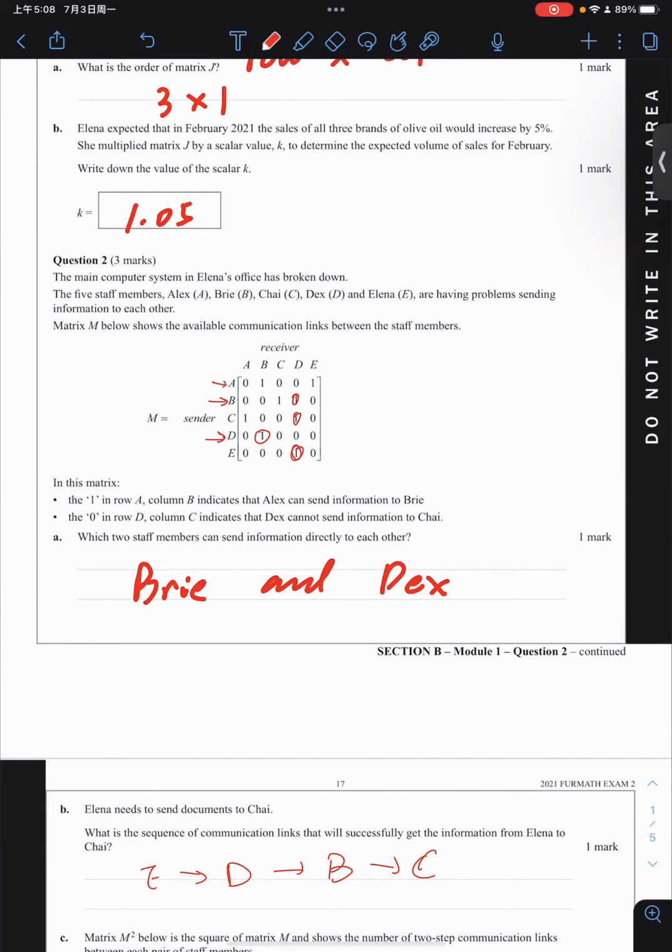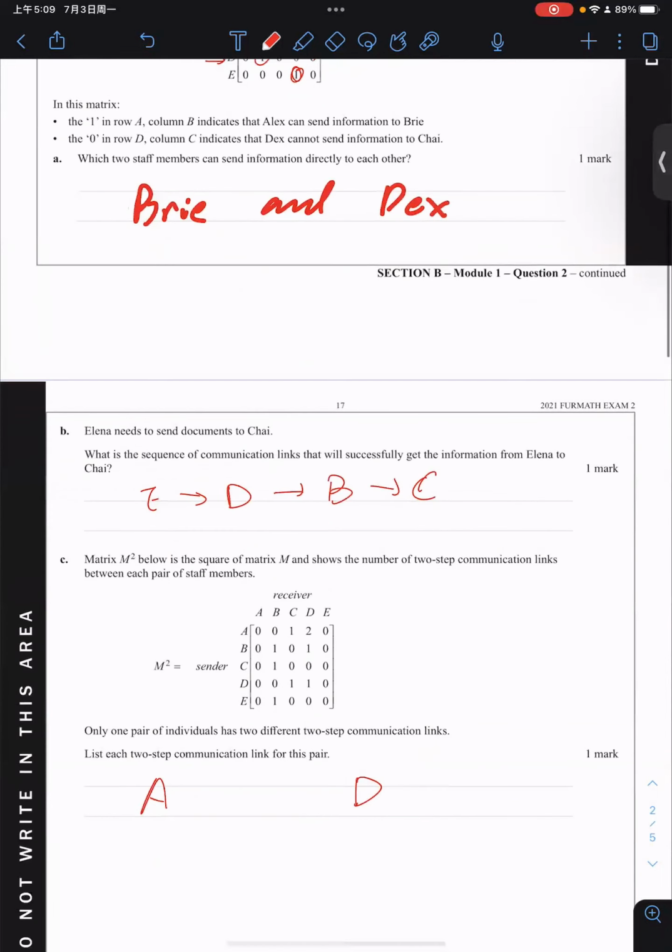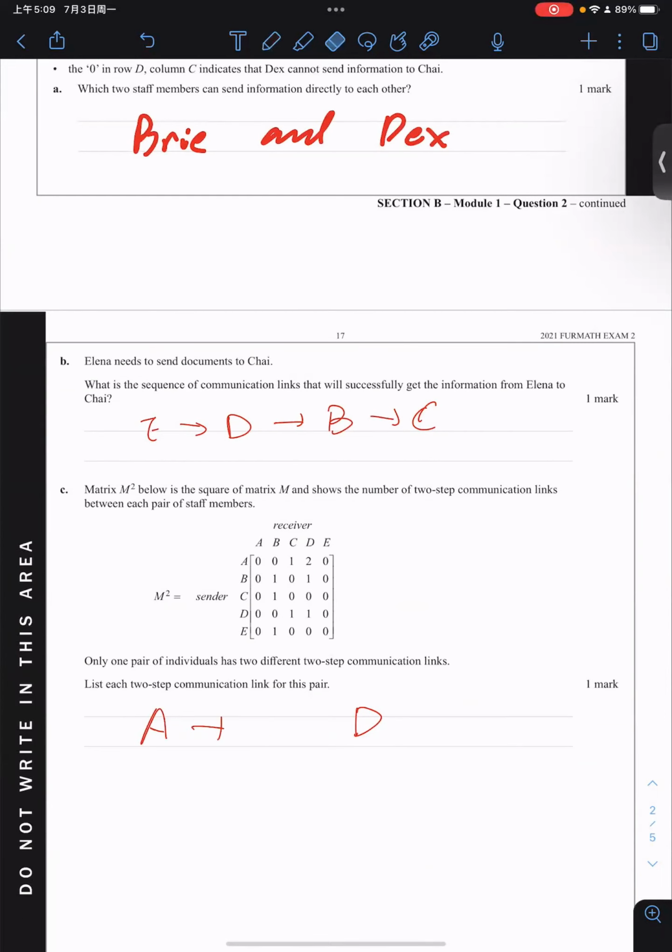However, from A, we can only send through to Bree and Elena. So we have two ways: from A to B to D, or from A to Elena to D. That is the two answers. We need to interpret the question correctly. About 80% of students did not get this 1 mark a year ago.